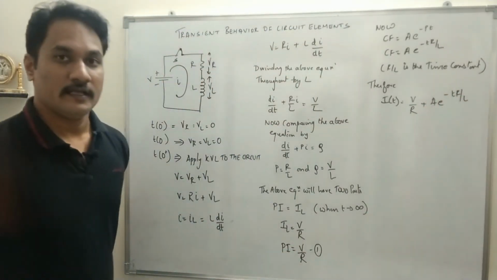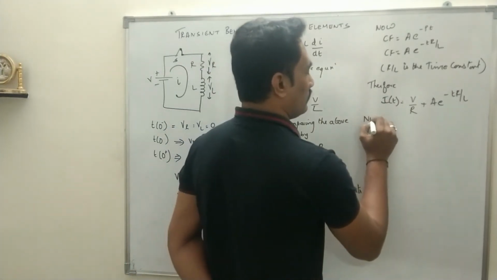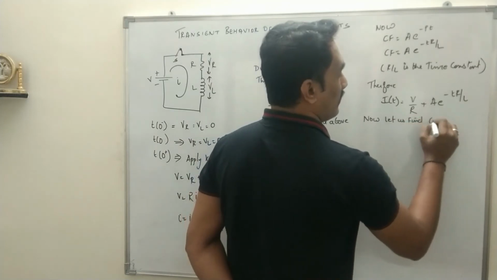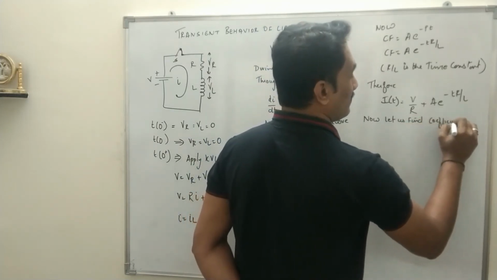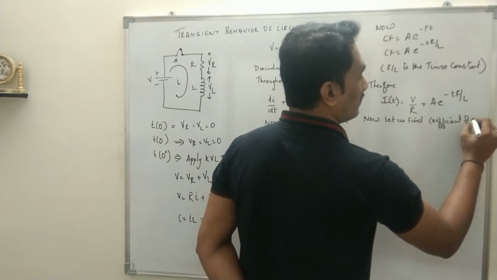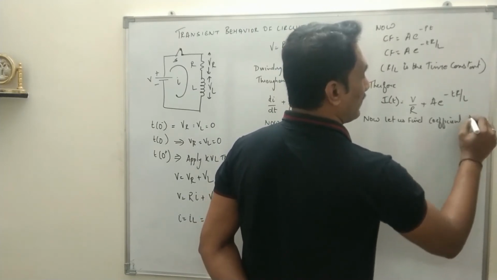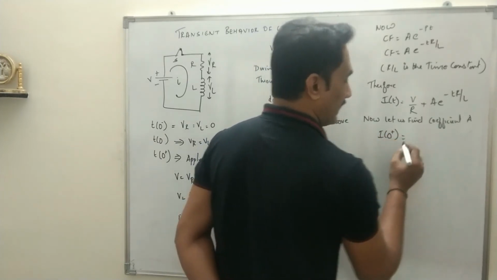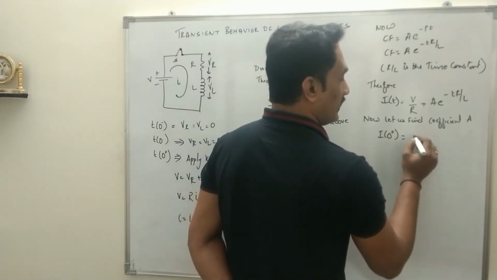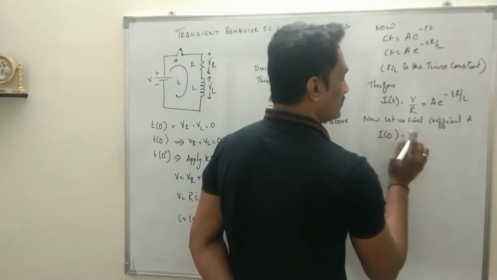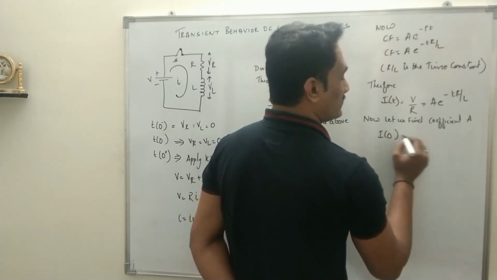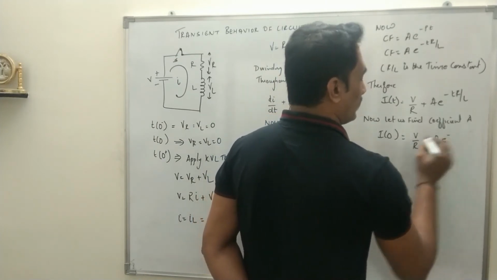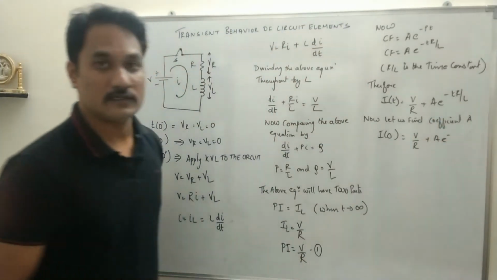Okay. Now let us find the coefficient A. So at i equal to 0 plus, right, i is equal to 0, what we can see is 0 equals V upon R plus A e raised to power, we are considering t equals to 0 at that point.